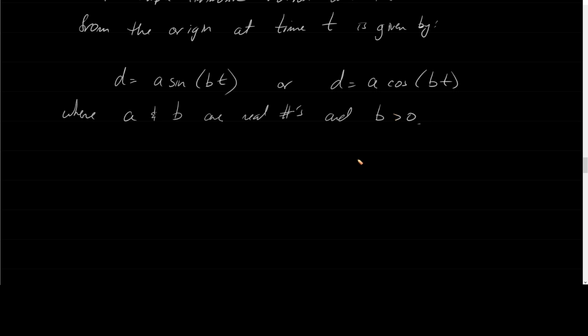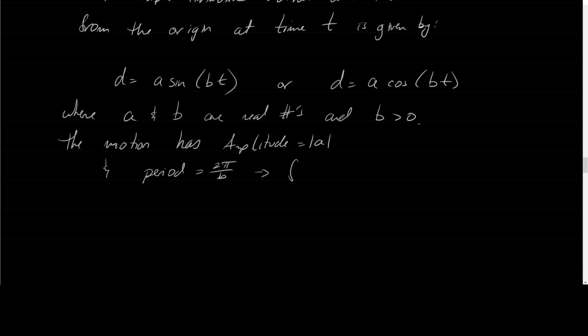The motion has amplitude equal to the absolute value of a, and period equal to 2 pi over b, which also implies that the frequency is equal to b over 2 pi.